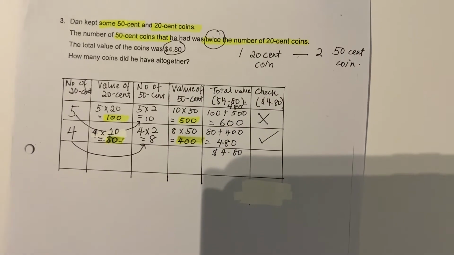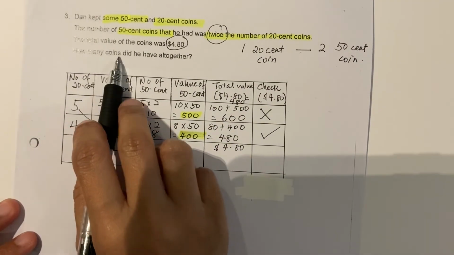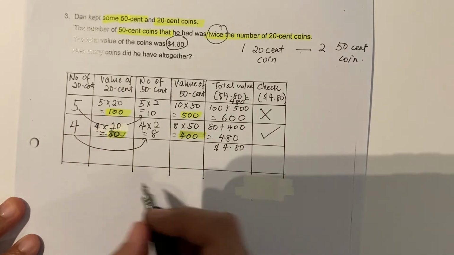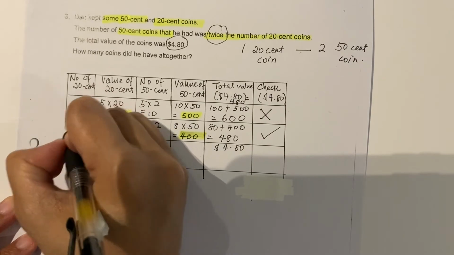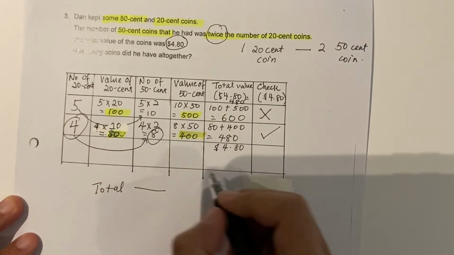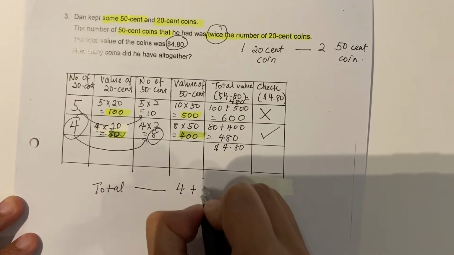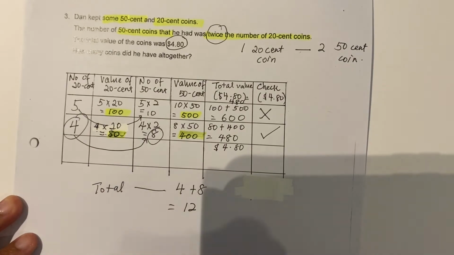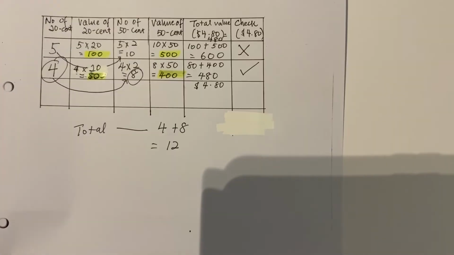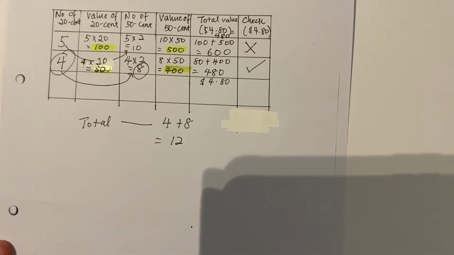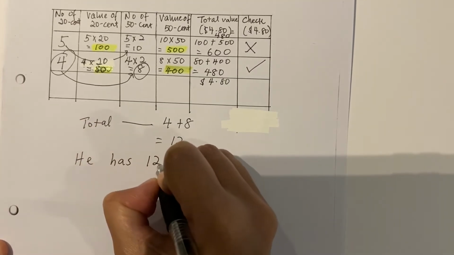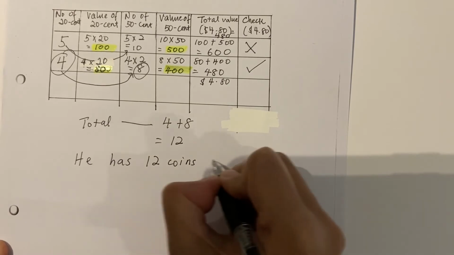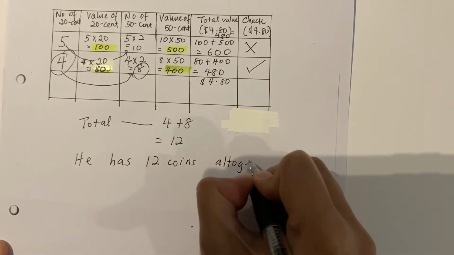Okay, everyone. So now how many coins did he have altogether? So the total number of coins is this and this. So 4 plus 8 is 12. Okay, so he has 12 coins altogether.